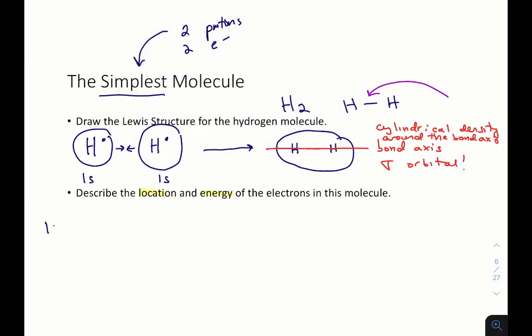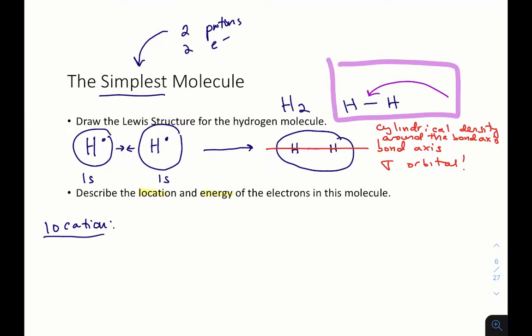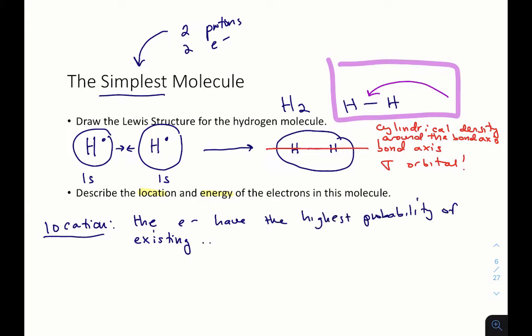So can we describe the location of the electrons in the hydrogen molecule? Can we answer this question a little bit better now? Sure, we can say that the electrons have the highest probability of being where? Where do you think? Yes, between the 2 nuclei.